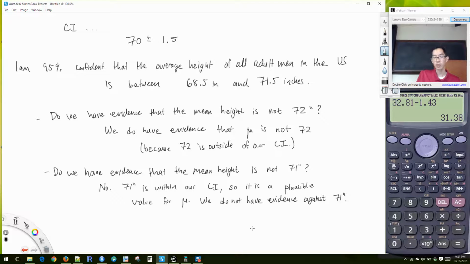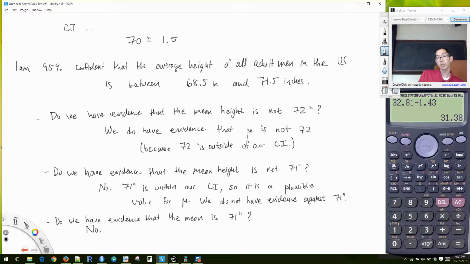Okay. All right, then somebody else asks, do we have evidence that the mean is 71 inches? And what would we say here? The answer is no, okay?